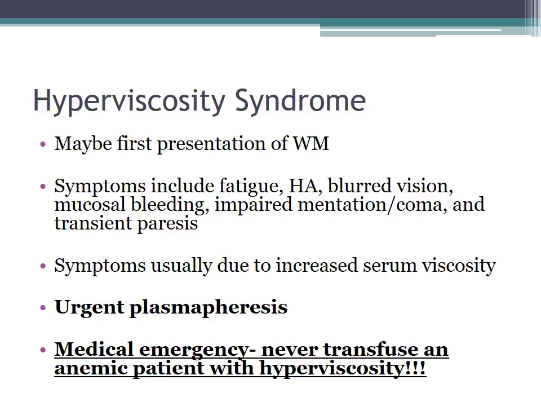You could also see hyperviscosity syndrome in patients with multiple myeloma, and in this case it's due to circulating levels of immunoglobulin A. The symptoms of hyperviscosity syndrome include fatigue, headaches, blurred vision, mucosal bleeding, mental status changes, coma, and transient paresis. Patients with hyperviscosity syndrome should be treated with urgent plasmapheresis to bring the viscosity of their serum down. This is considered a medical emergency, and it's always important to remember to never transfuse a patient who is hyperviscous, even if they are anemic.